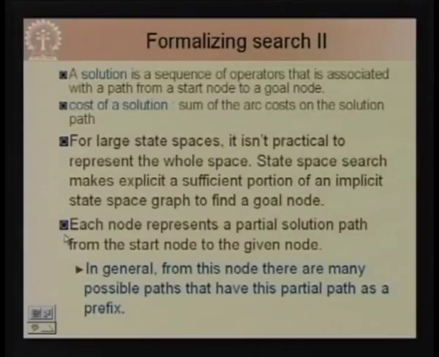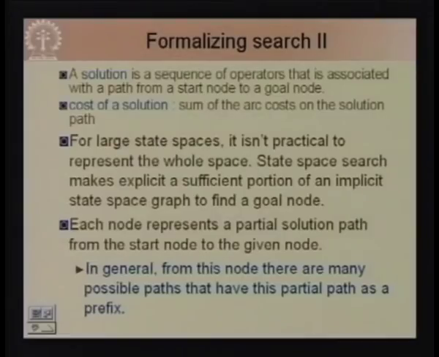Because at every node we keep a link to the parent of the node and the operator that generated the node, every node represents a partial solution path from the start to the given node. And from this node we can expand this partial solution to get maybe one or more actual solutions.